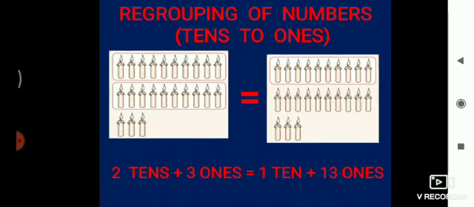In the second picture, we can see a group of 10 candles as 1 ten and the other 1 ten has been clubbed with 3 ones. So, there are 13 ones. Now children, we have regrouped 2 tens and 3 ones as 1 ten and 13 ones.